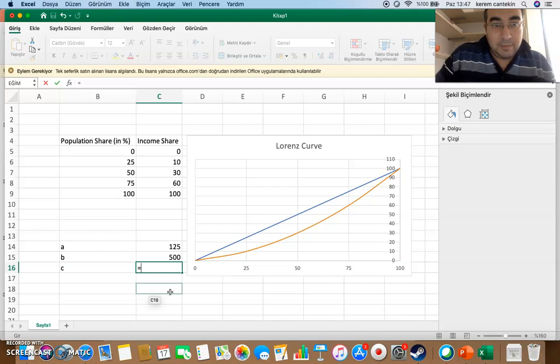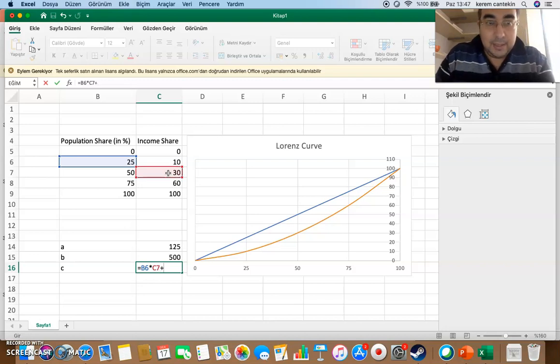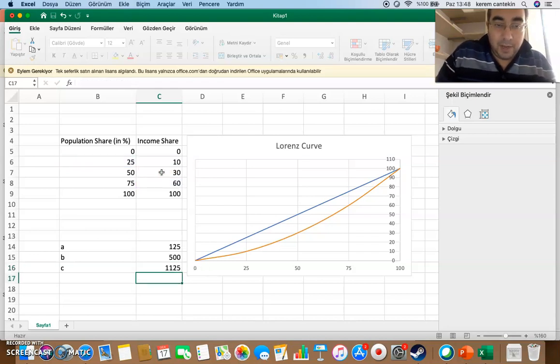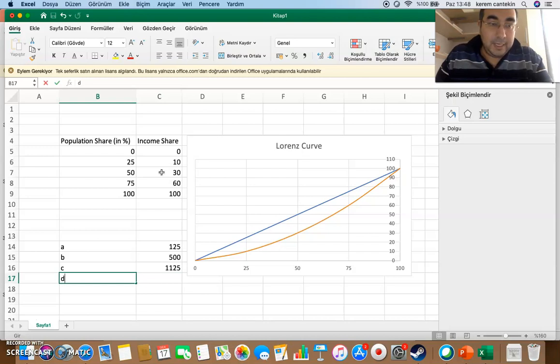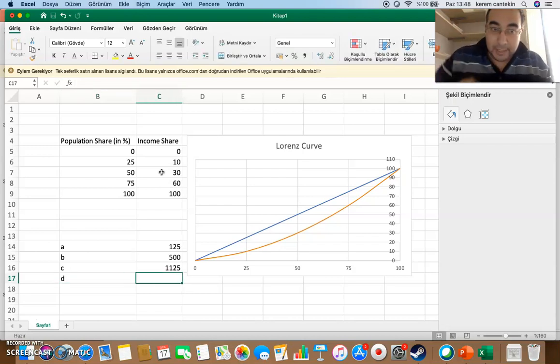So for the rectangle, we calculate again 25% with this quantity, and then we add 25% times difference between this number and this number, which gives us share of the third 25%, and then we multiply it with 0.5.